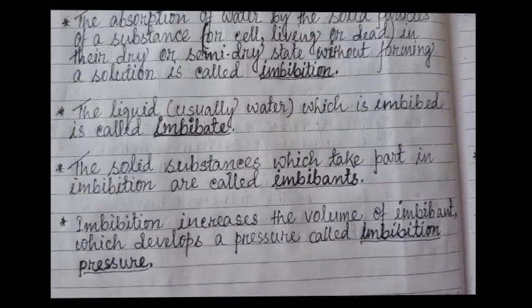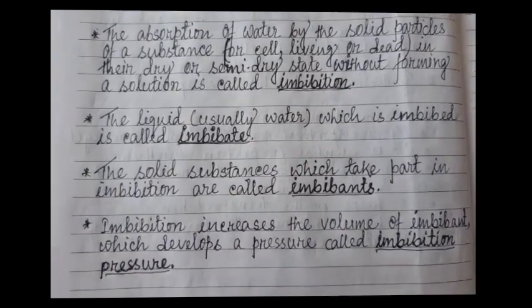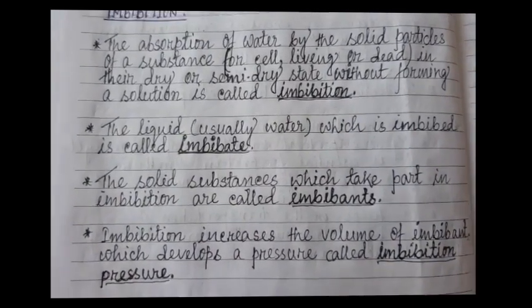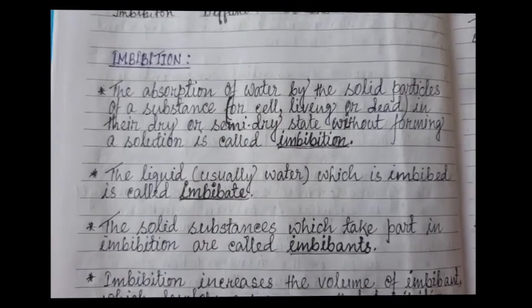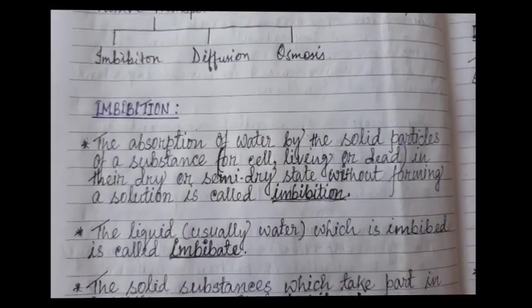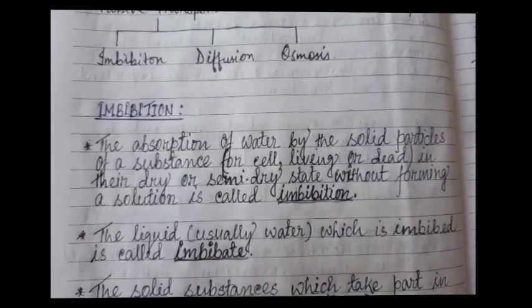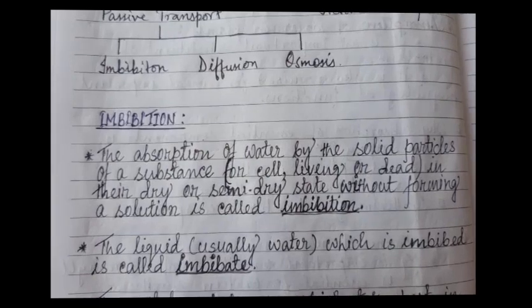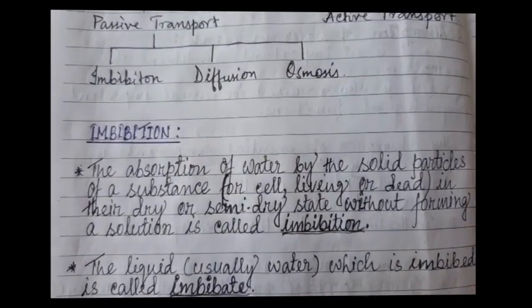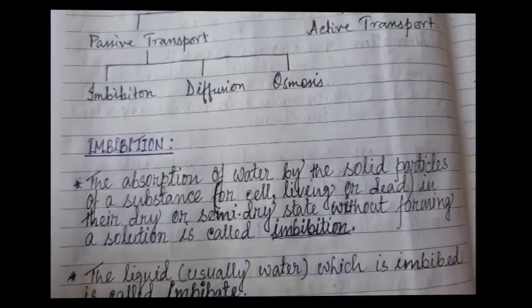Imbibition increases the volume of the imbibant, which develops a pressure called the imbibition pressure. So the point to be noted is that in this process the particles or the substance absorb water in their dry or semi-dry state and without forming any solution.